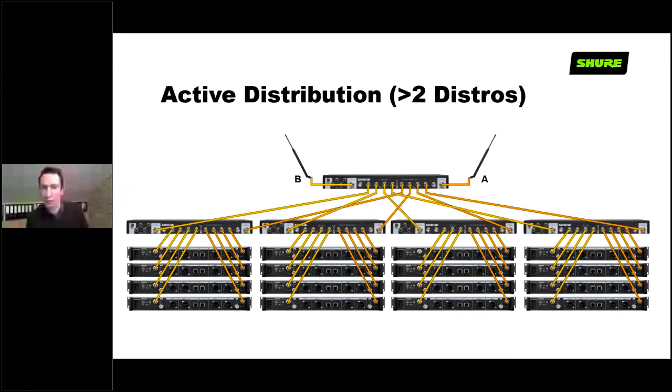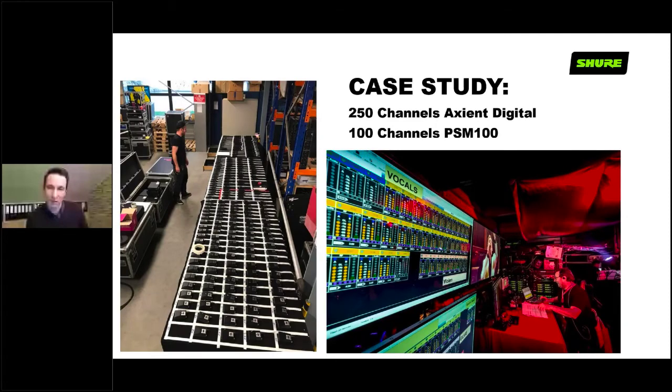So this is Friends of Amstel in the Netherlands, where we combine 250 channels of Axient Digital and 100 channels of PSM 1000 all together on 2 receive antennas and 1 transmit antenna.